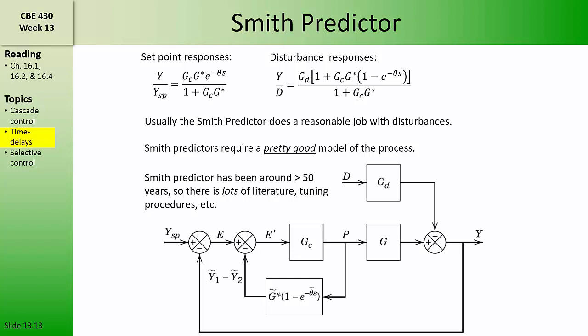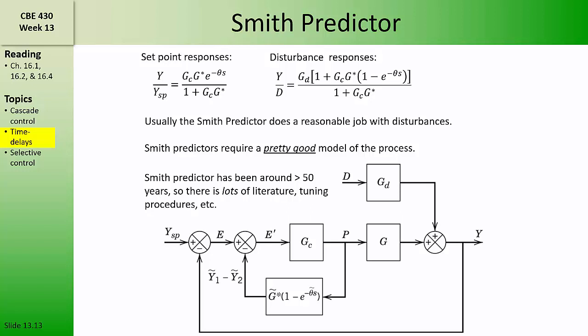When tuning a Smith predictor, we have to have a pretty good model for our process, including a good estimate for the value of the time delay. The Smith predictor has been around for more than 50 years, so there is a lot of literature on tuning procedures for Smith predictors. Generally, the Smith predictor is tuned by first finding a model for the process, including a model for the time delay, theta tilde.